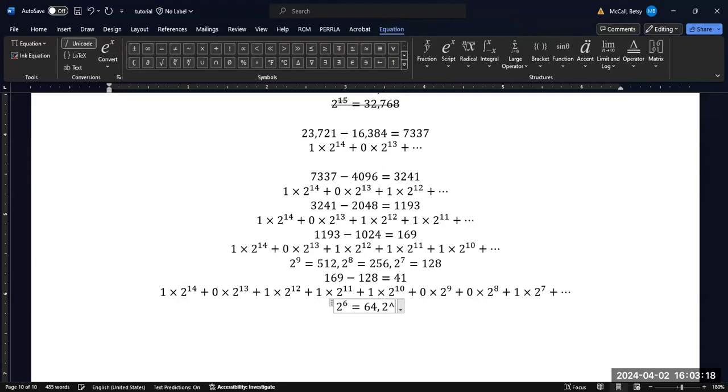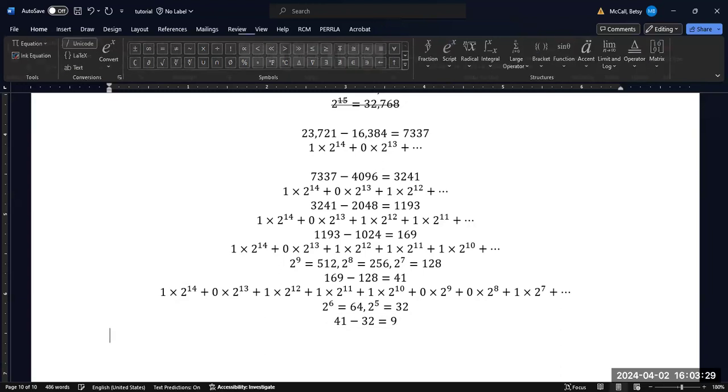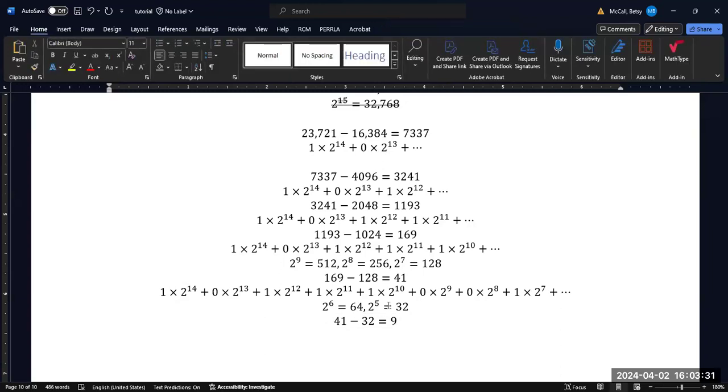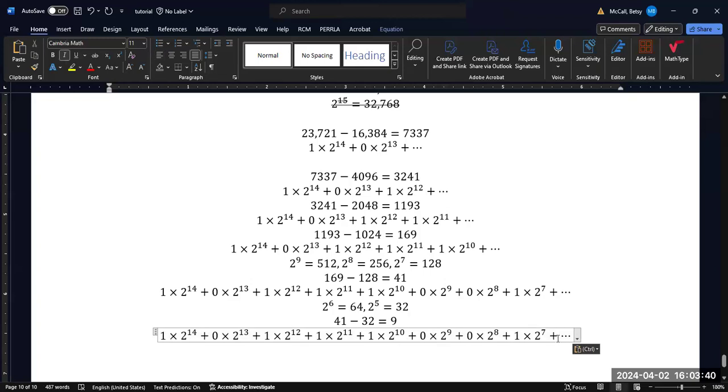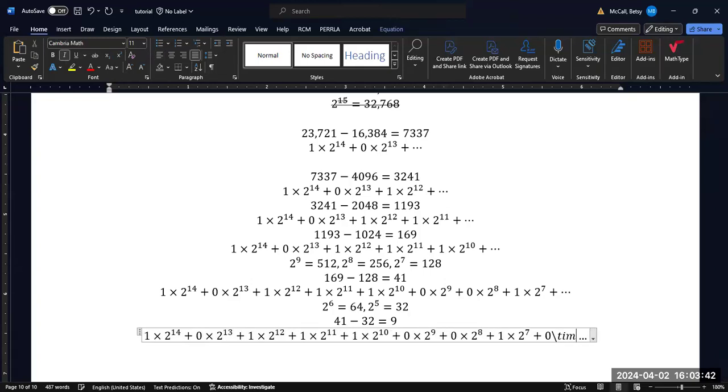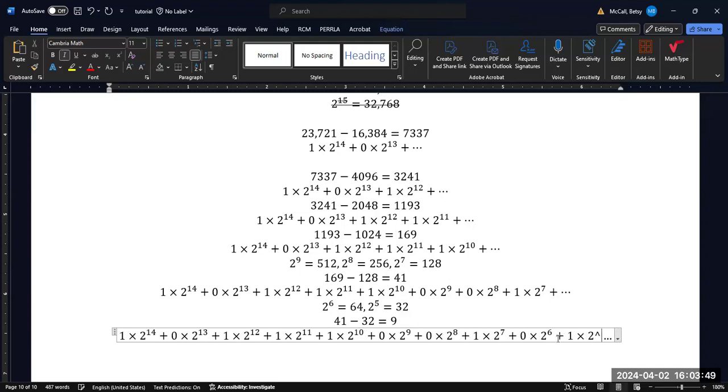That's not it. 2 to the 5th is 32, so that's the one. 41 minus 32 is 9. So now we've got 0 times 2 to the 6th and 1 times 2 to the 5th.